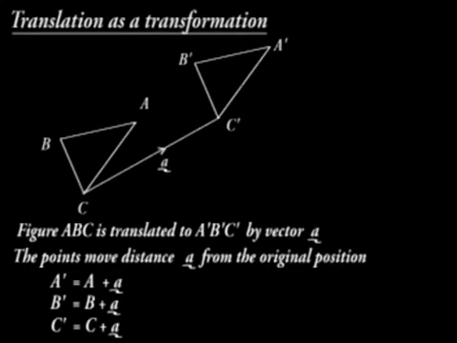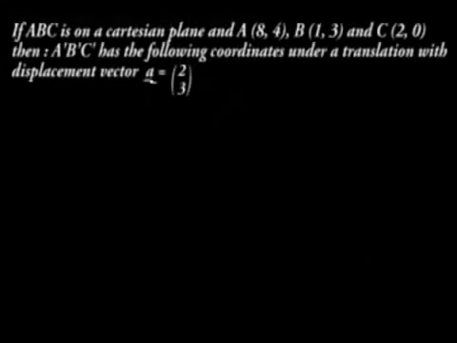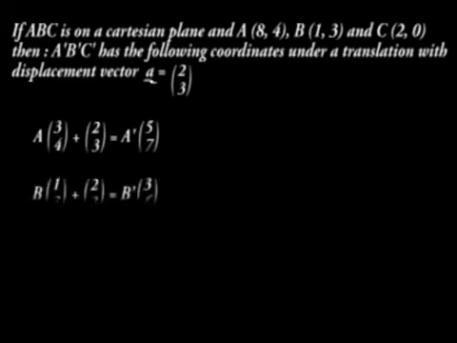If ABC is on a Cartesian plane and A is (3, 4), B is (1, 3), and C is (2, 0), then A prime, B prime, C prime have the following coordinates under translation with displacement vector A equal to (2, 3). A (3, 4) plus (2, 3) is equal to A prime (5, 7).